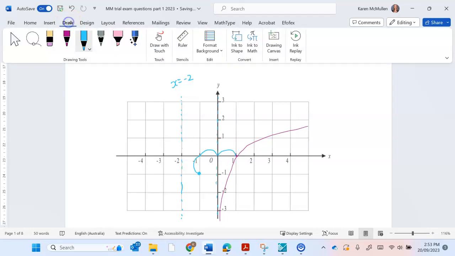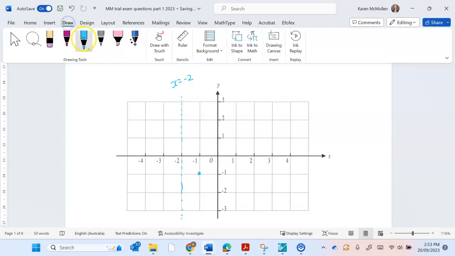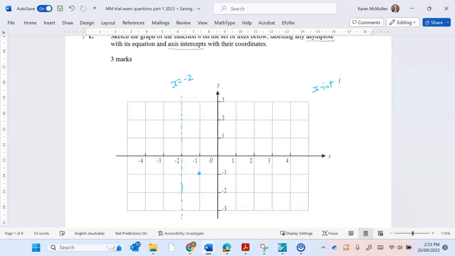So I'm going to just rub out what we've drawn. And so this is the important part of sketching with a pencil. All right, so you can use other things to help you sketch it. For your x-intercept, remember you let y equal 0, so we just need to solve for that.